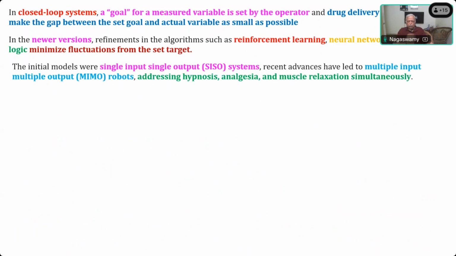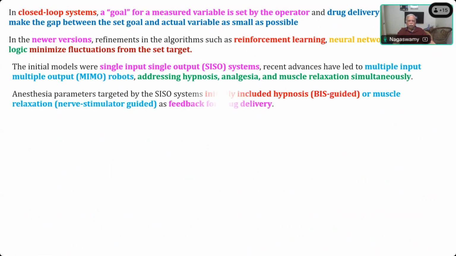But when you want to measure not only the depth of anesthesia, but also the hemodynamic stability, the oxygenation, the temperature, then you give what is called multiple inputs, and it will be able to react accordingly with multiple outputs also. So hypnosis, analgesia, muscle relaxation, everything can be taken into account, and you can make the required adjustments. So anesthesia parameters targeted by the system initially included only hypnosis or muscle relaxation using the nerve stimulator and feedback for the drug delivery.